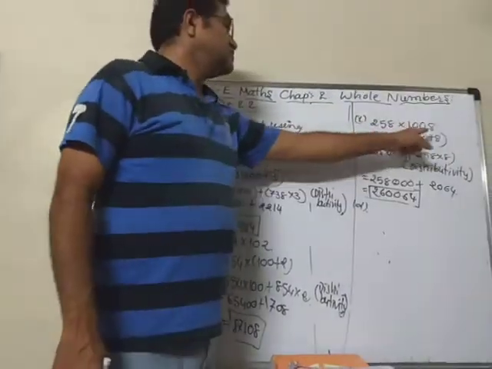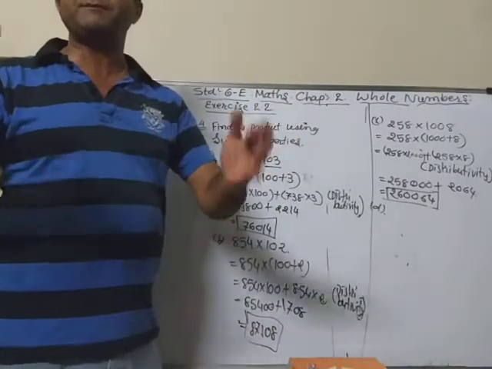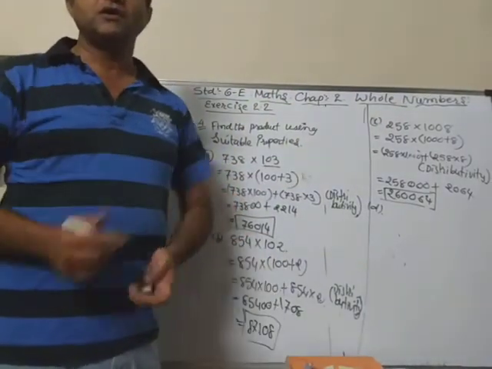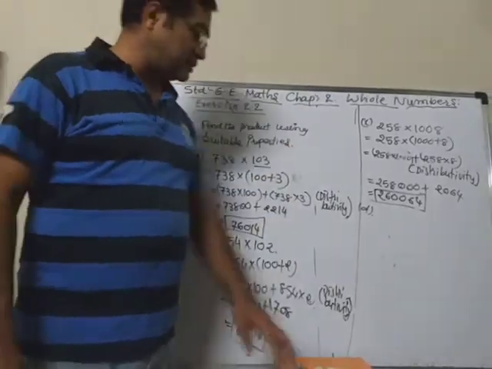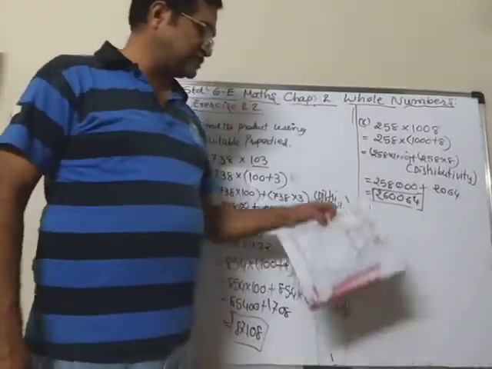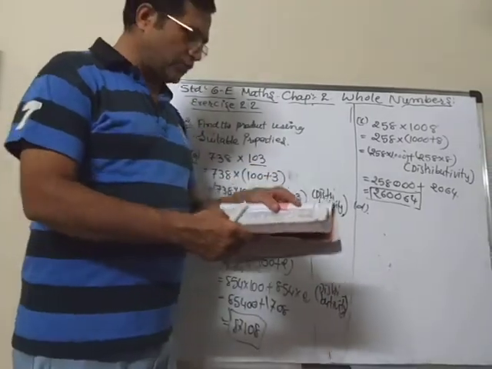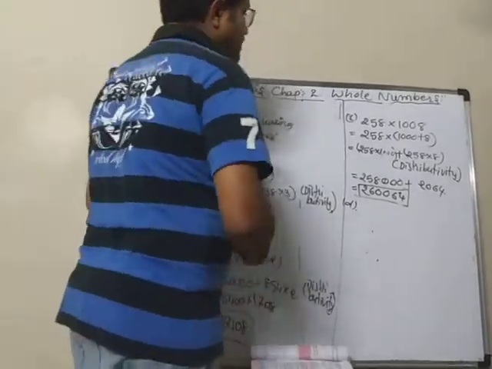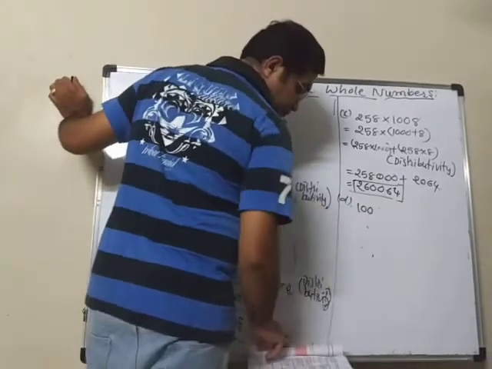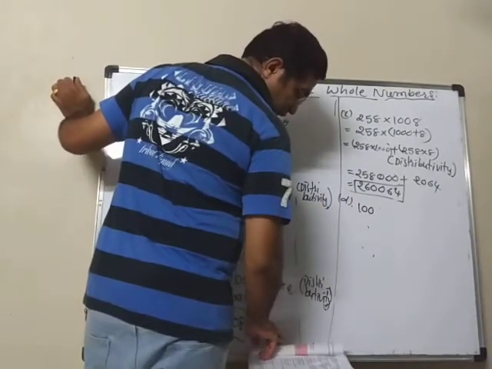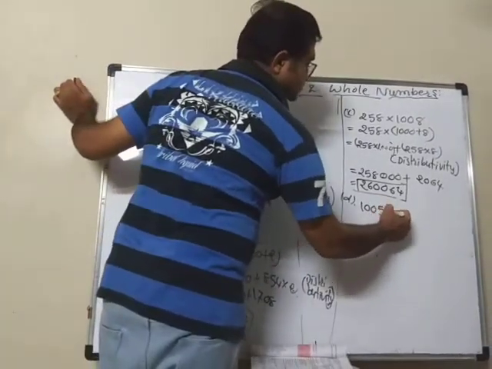So by splitting it and using distributivity, the big products also become easier and the time taken is less. Fourth one, 1005 multiplied by 168.